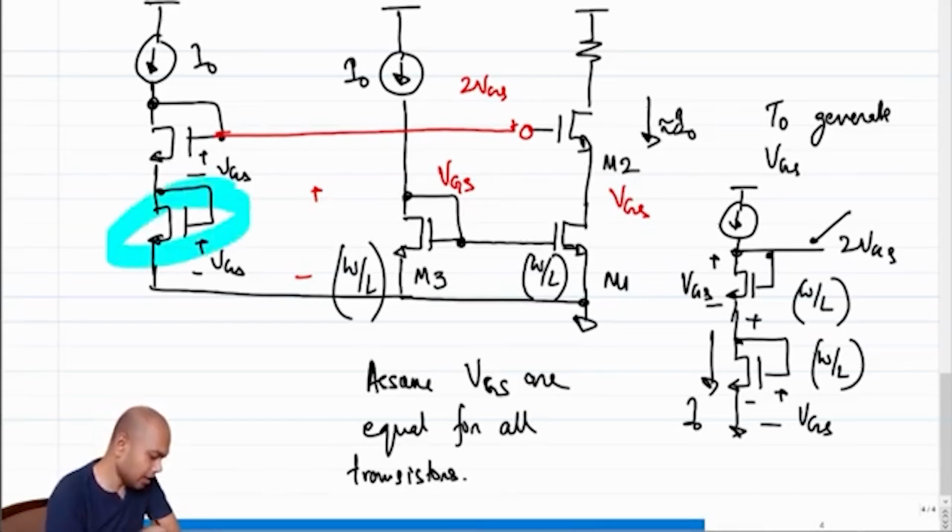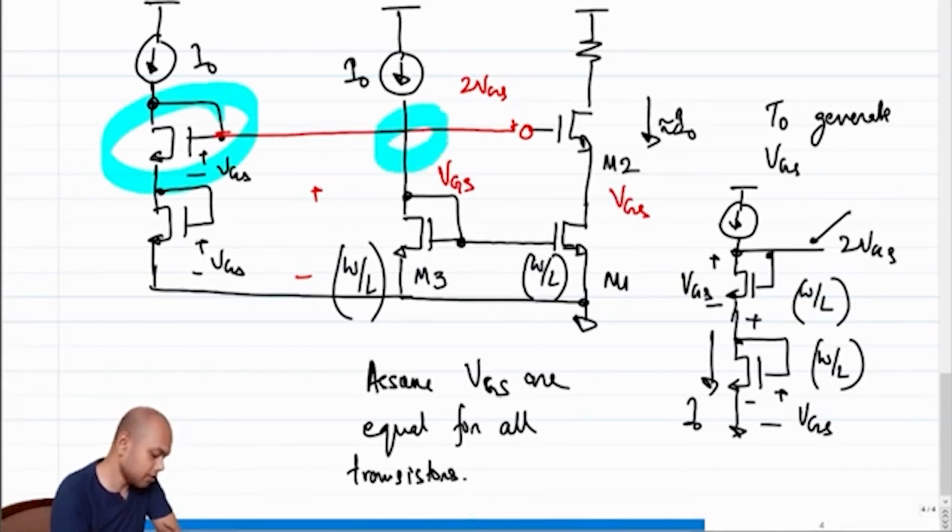This guy is generating 1 VGS, this guy is also generating 1 VGS, and we are providing the same amount of current in both the branches, and we have just put one more diode connected transistor on top to generate the second VGS. So instead of using a separate branch, what happens if I put the diode connected transistor on the leftmost stack, we put this guy over here.